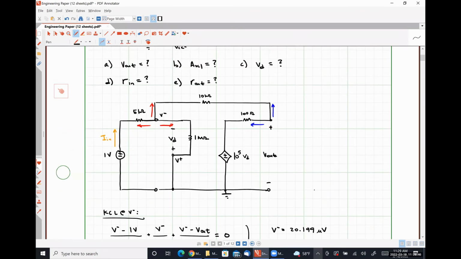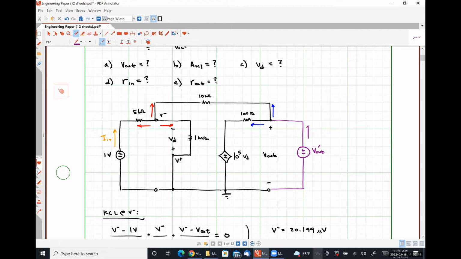So in truth, let me use a color I haven't yet used, so purple, okay? So whenever we're calculating the output resistance, what we would do is we would apply a test voltage source at the output, which I'm going to call V out prime.